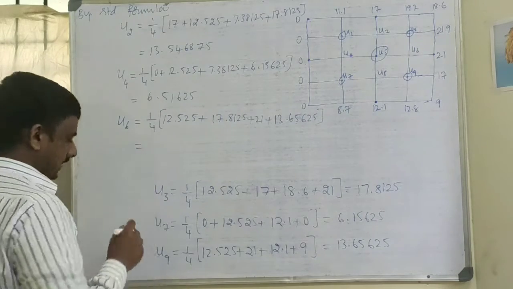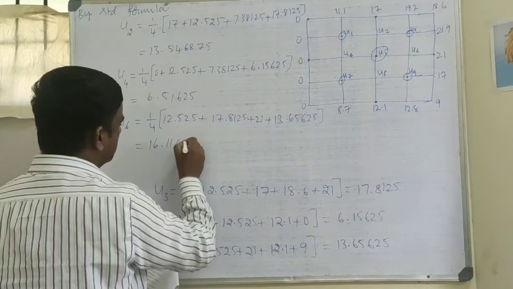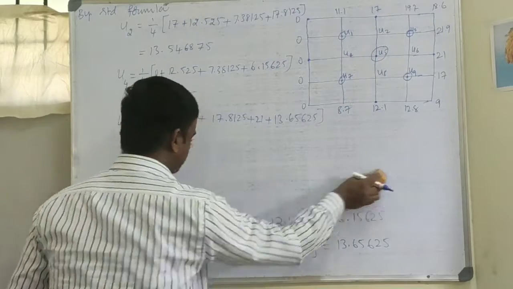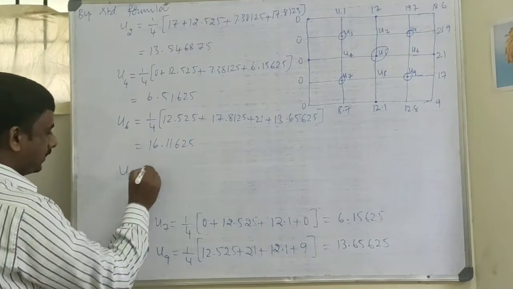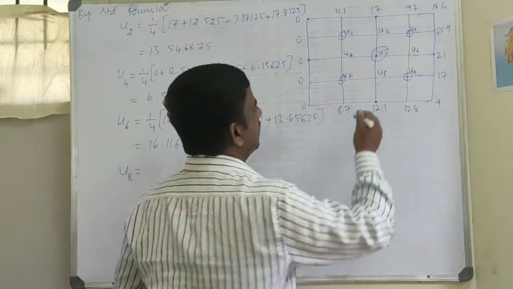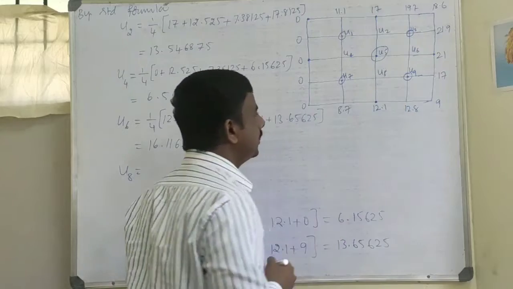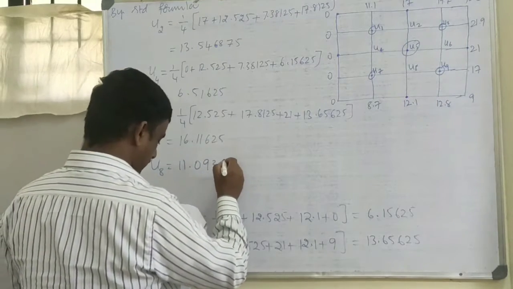So u6 is 16.1162. Next u8, if you compute it, u8 will be the average of u5, u7, u9 and the boundary value, which is 11.09375.